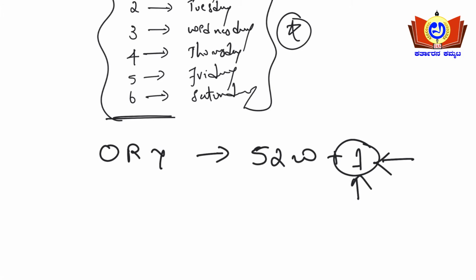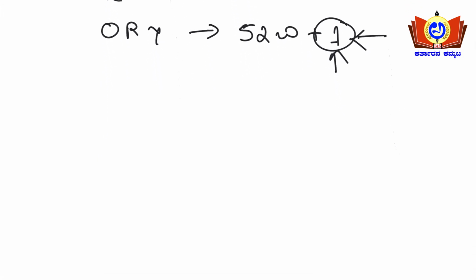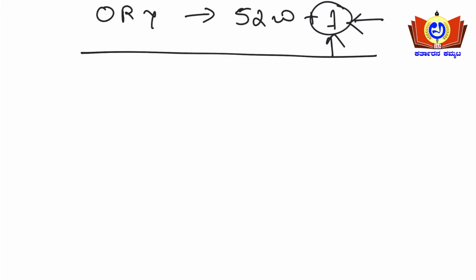See friends, I'll take an example and solve it here. Let us calculate how many odd days will be there from 0000 years to 0020 years.